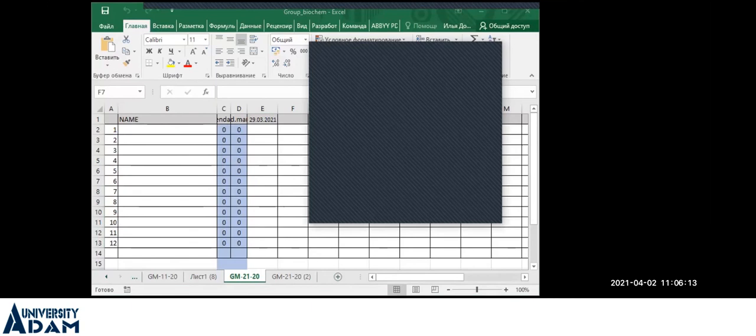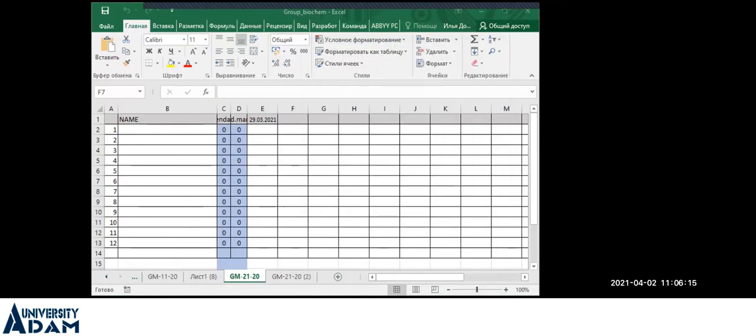Group leader, please send me in the Zoom chat some names of students who are not added in this list. Isa, Arslan. Isa here. Abuzar.